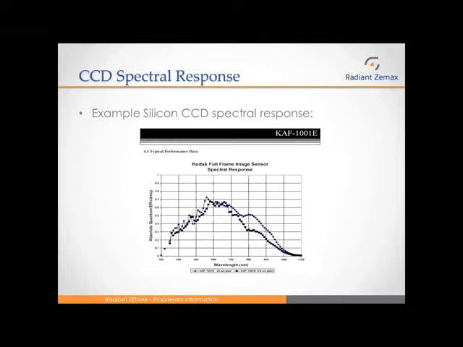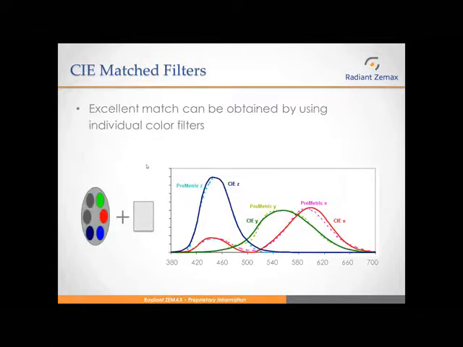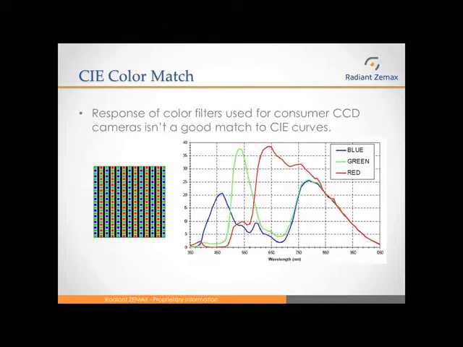So the silicon CCD has some spectral response characteristic. This is an example for one of our sensors. And the combination of that spectral response of the CCD and the spectral response of the filters has to match the CIE curves as best as possible.